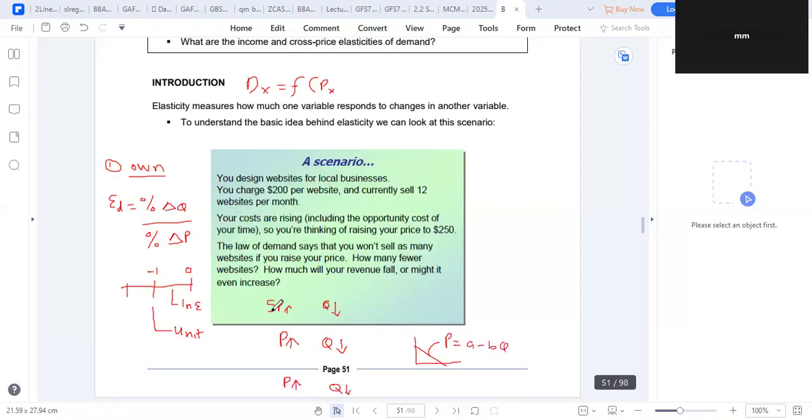If your price increases by 5% and quantity decreases by 5%, it's a 50-50 thing, so we call that unit elastic. But if your price increases by 5% and you lose demand by less than 5%, say 4, 3, 2, this is called inelastic.